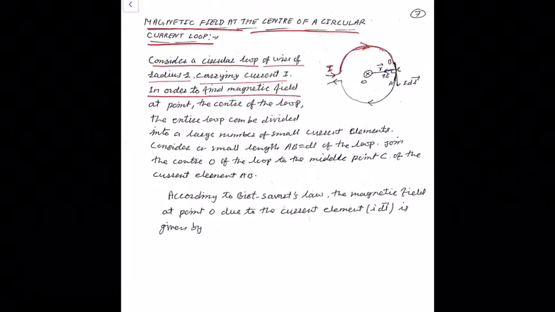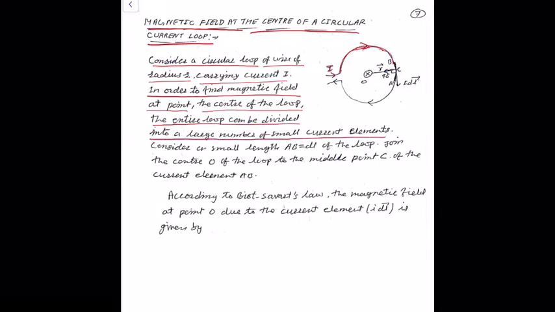In order to find magnetic field at the point, the center of the loop, the entire loop can be divided into a large number of small current elements. Consider a small length AB equal to dl.